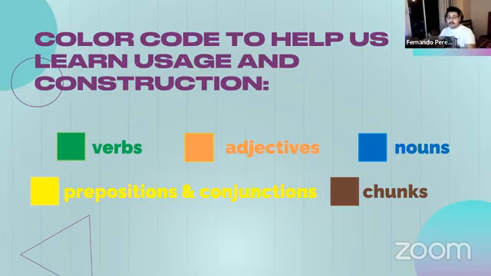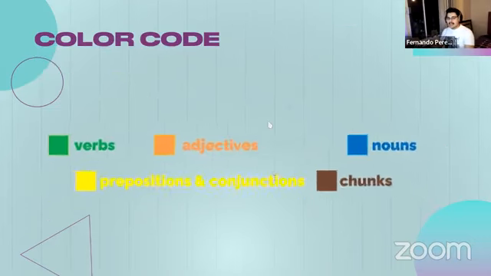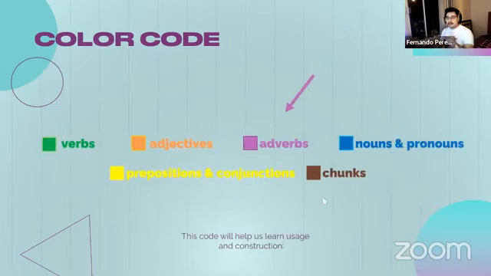Sometimes we confuse them a lot, no? We were talking, for example, about home and homeless. Well, the same happens with the rest of the words, and today we are going to add a new color: purple. Purple is going to be the new color that we use to identify adverbs. Okay?